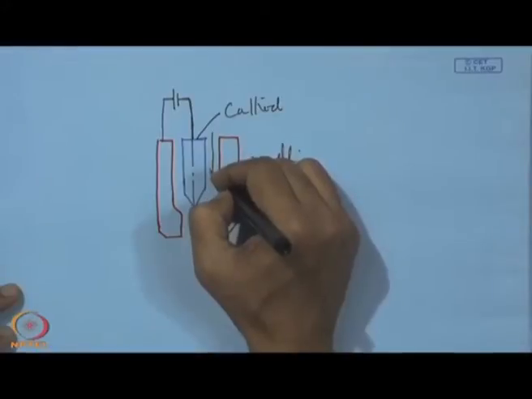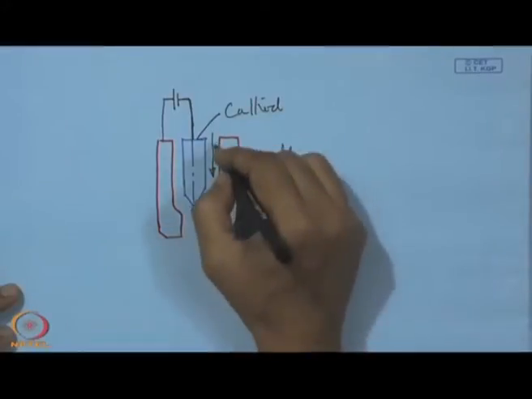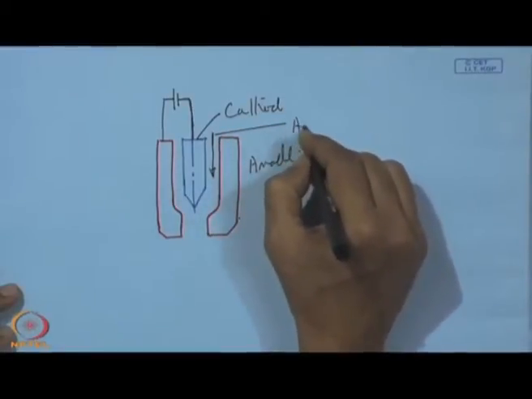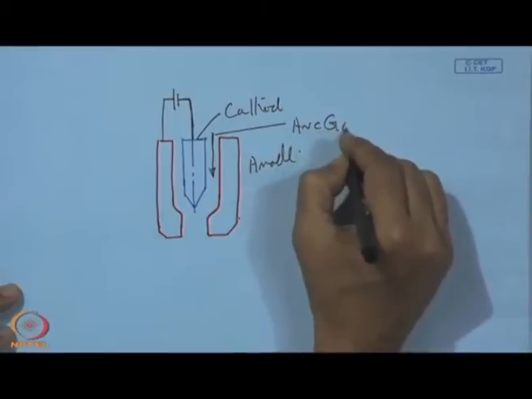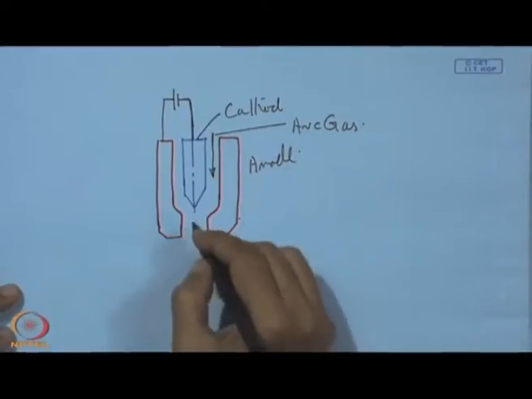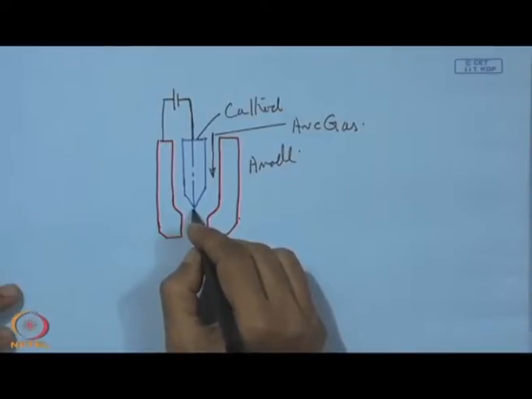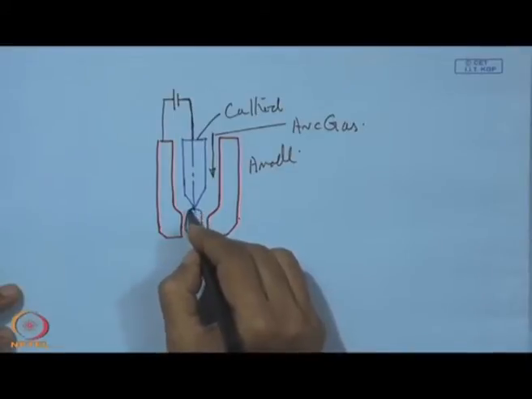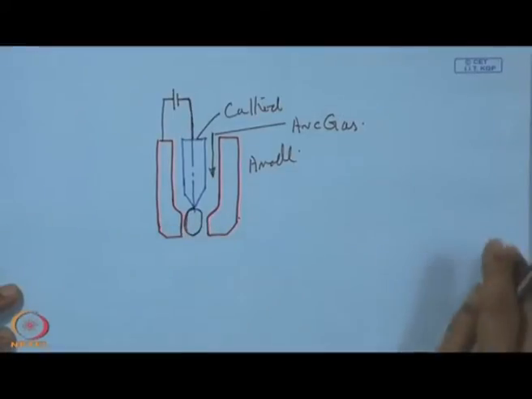Here we have the arc gas. So, inflowing will be the arc gas. And what we have within this, we have the gas discharge in this zone. We have the gas discharge.